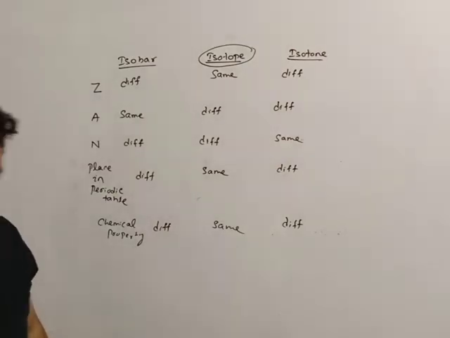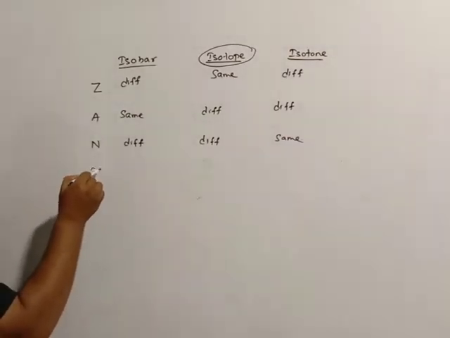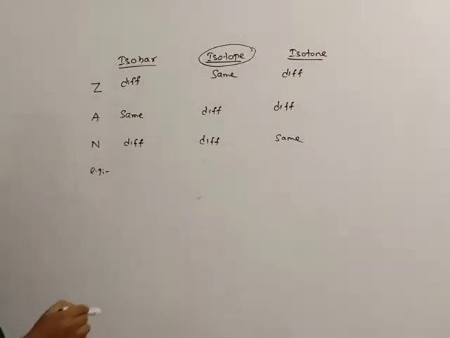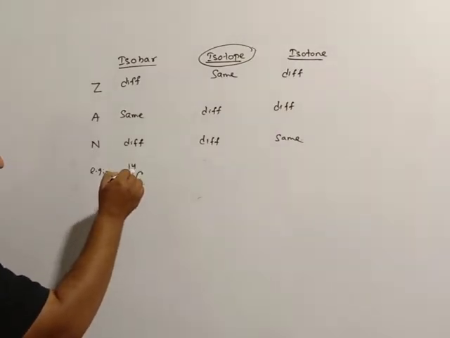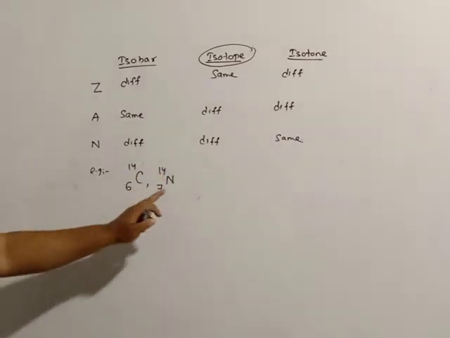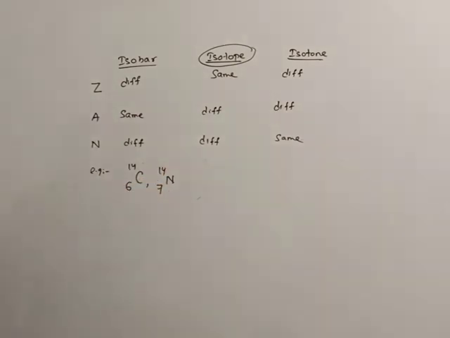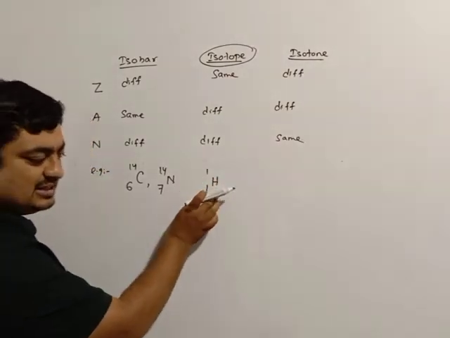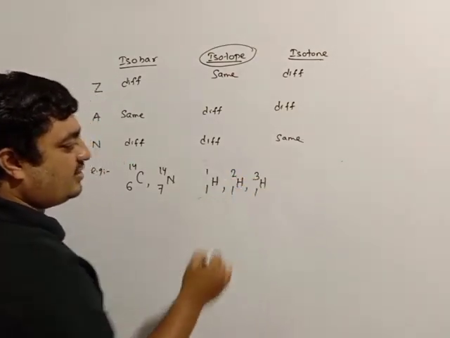Now we'll go for some examples. Isobars: Z is different but A is the same. We can write 6C14 and 7N14. Both are isobars because Z is different but A is the same. Now for isotopes, we can write 1H1, this is called hydrogen, 1H2 deuterium, 1H3 tritium.